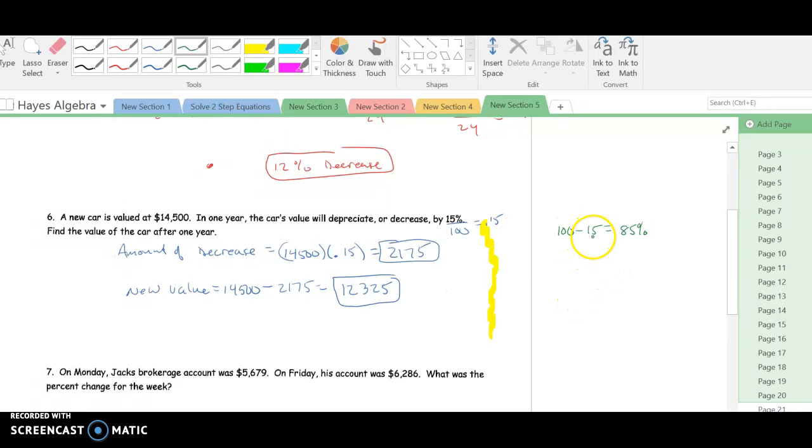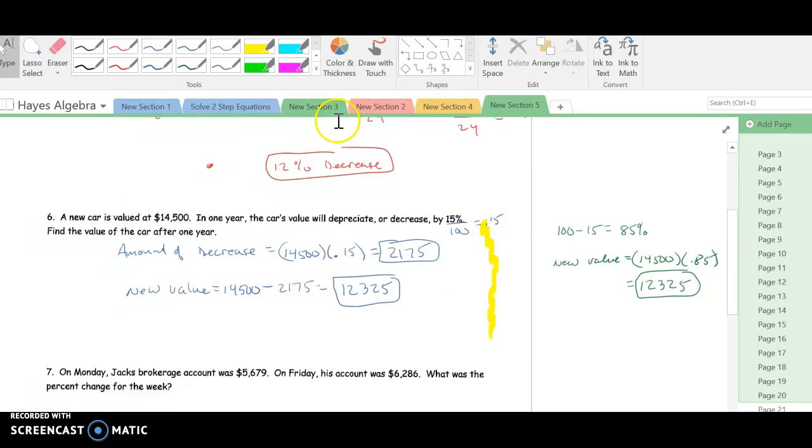So the new value would be 14,500 times 0.85, and right away 14,500 times 0.85 would be 12,325.